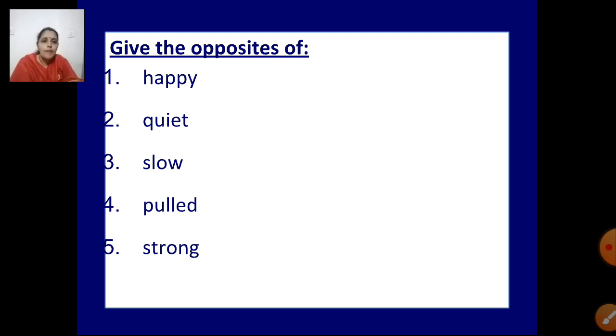The opposite of happy is unhappy or sad. You can write unhappy also or you can write sad also. The next one, quiet. The opposite of quiet is noisy.